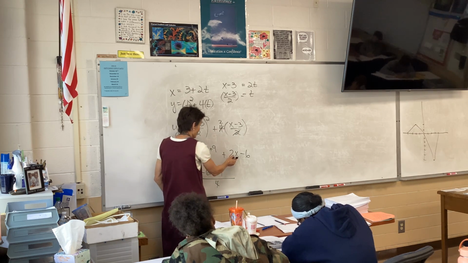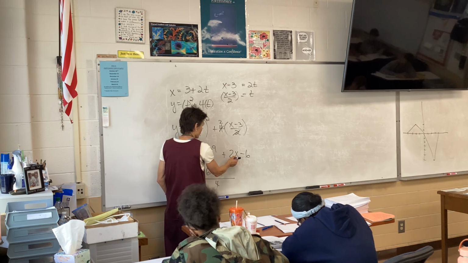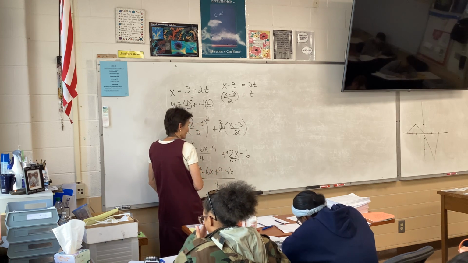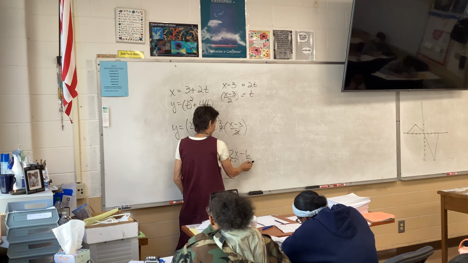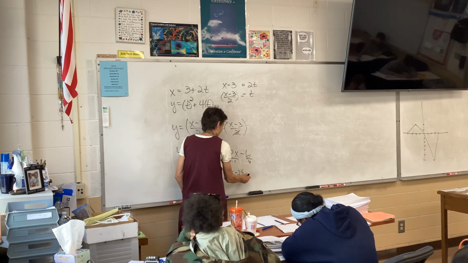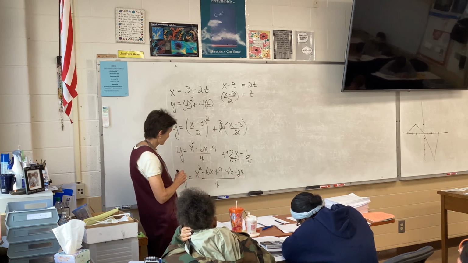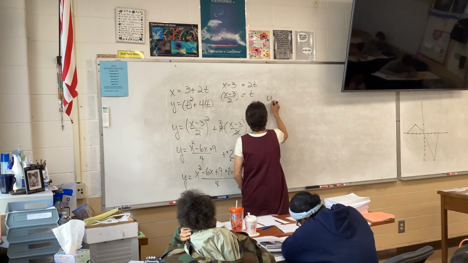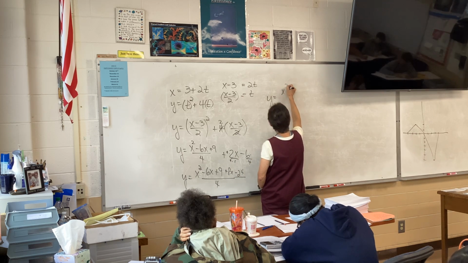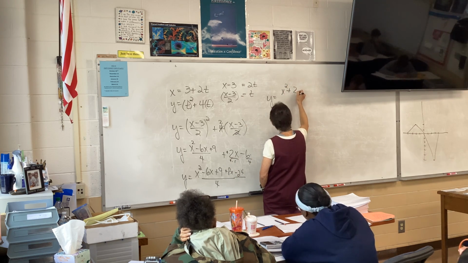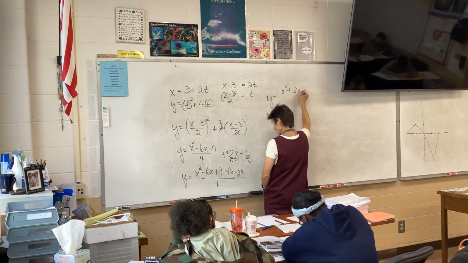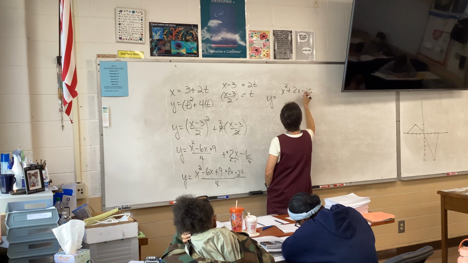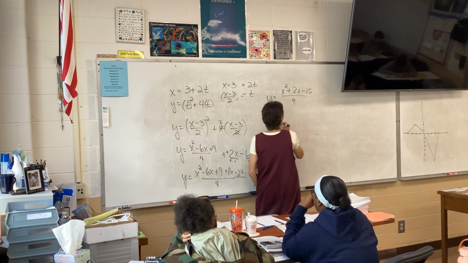If we want this to be over 4, we'll have to turn that into an 8x. And if we want this to be over 4, we'll have to turn it into a 24. Getting a common denominator, now we have x squared plus 2x minus 15, over 4.